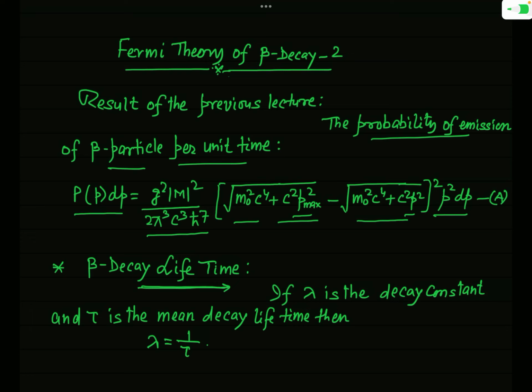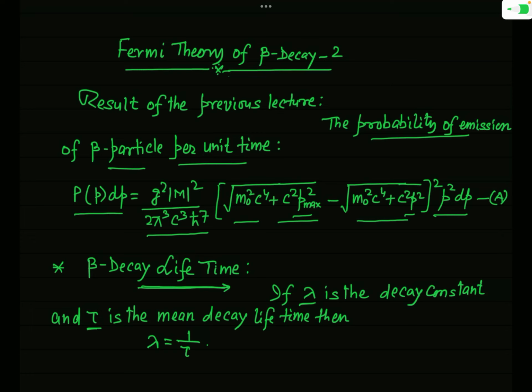In fact, you have studied in your lower classes that when we see the disintegration or decay of a nucleus, we define a very important quantity that is called disintegration constant or decay constant. Every unstable nucleus has a mean time or mean lifetime, and these two quantities, lambda, which is called decay constant, and mean life, which is denoted by the symbol tau, are related to one another.